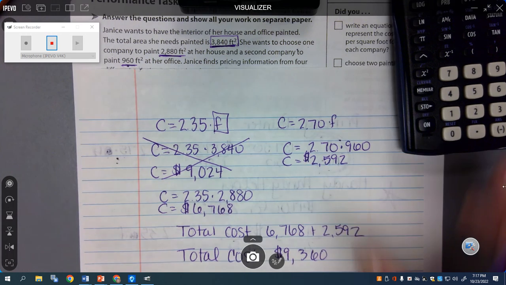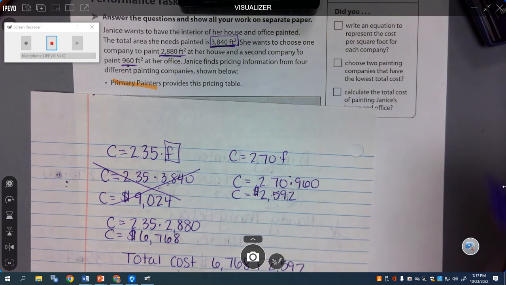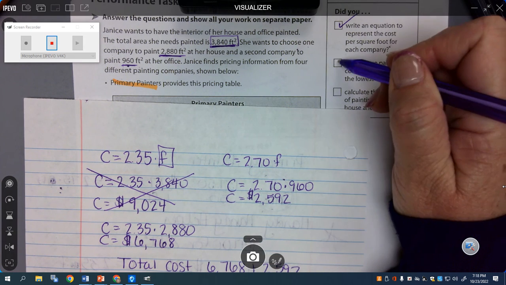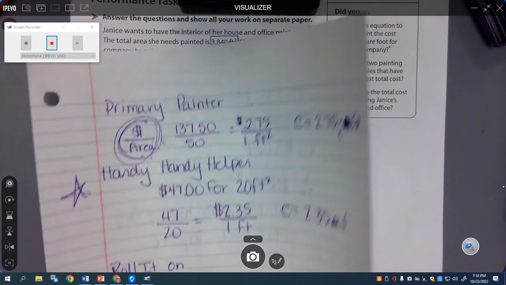So let's just really quick make sure we did everything. We wrote an equation for each place. We chose the two companies. We probably should write that on here.